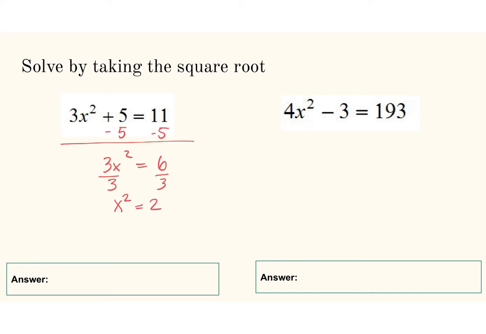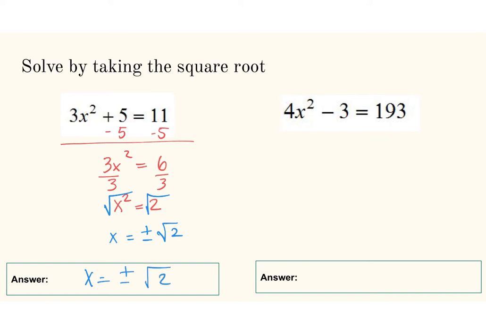And then I'm going to take the square root of both sides. This leaves me x by itself. Remember, whenever you take the square root of a number, we're looking at the plus and minus of it. Square root of 2 can't be simplified, so we're just leaving that as a radical. So our answer is x equal to plus or minus radical 2.